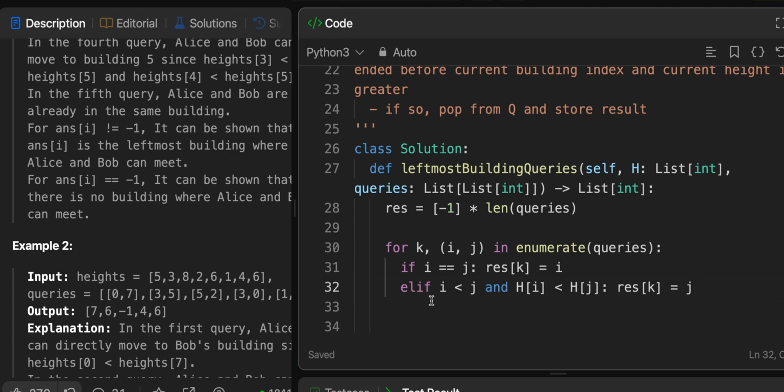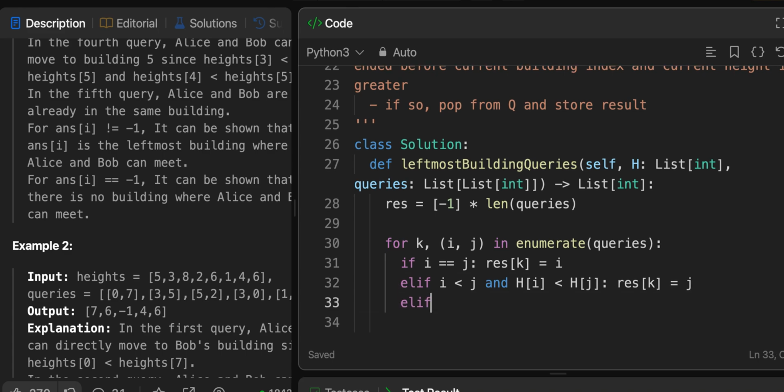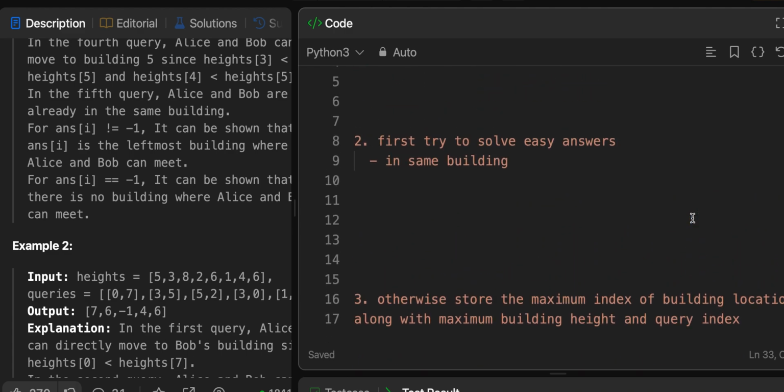So it would just be the opposite of it. So else if J is less than I, and H of J is less than H of I, well, what would the result be? So remember, we want the bigger building, so that'd be I. Okay, great. I think those are all the easy ones.